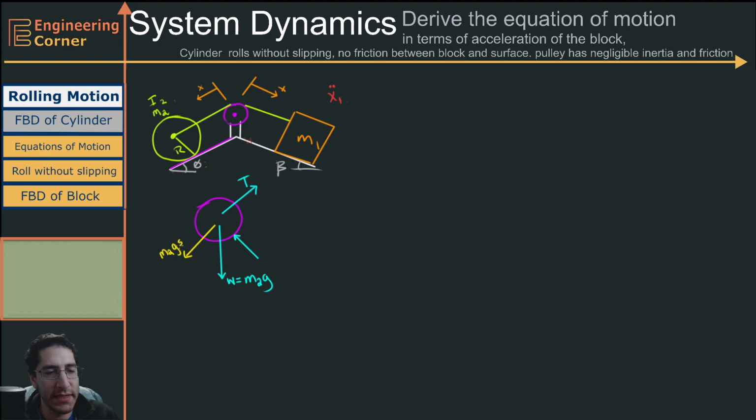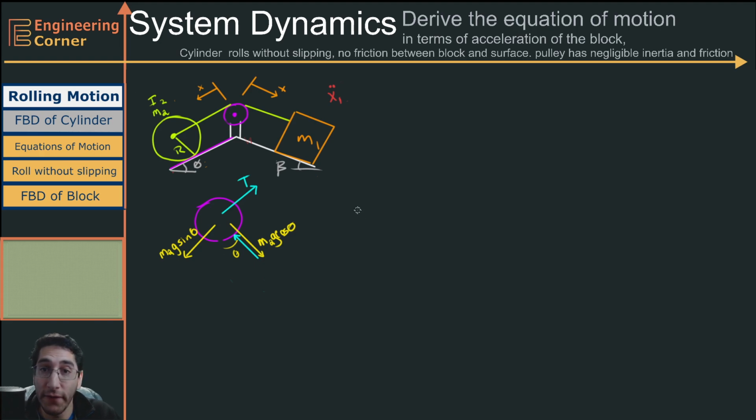So this is going to be m2g times the sine of theta, because we know this angle right here is the same as the inclined plane. So that angle is theta. And this part of my weight right here is m2g times the cosine of theta. Now, just to clean this up, I'm going to get rid of this weight, just so we don't get overwhelmed.